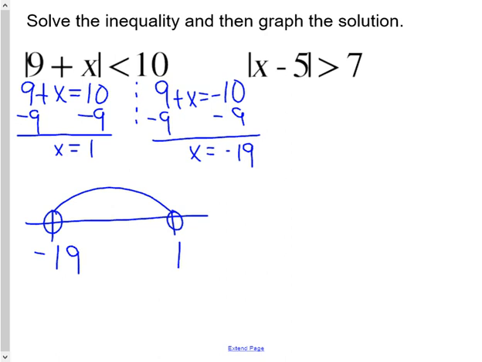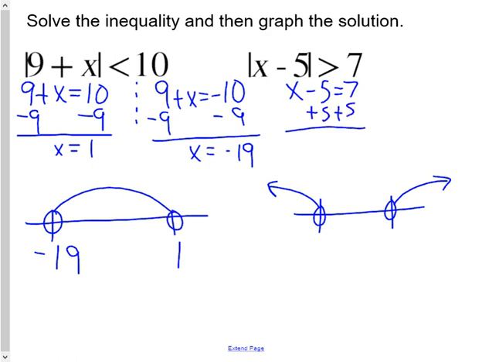Next one, x minus 5 is greater than 7. A greater than graph for pointing away. So greater than away. And then to solve for each piece, x minus 5 is 7, plus 5, plus 5, x equals 12 is one of the points.